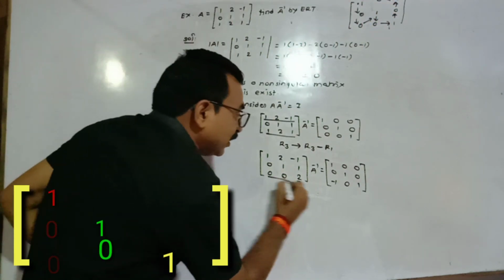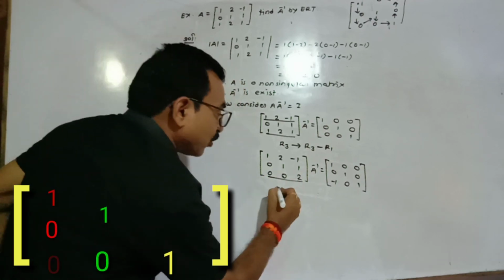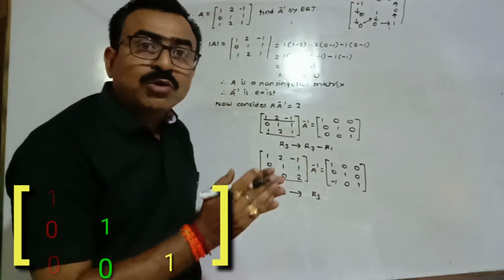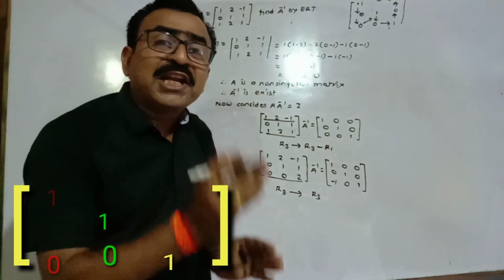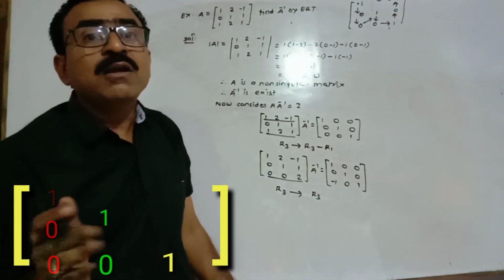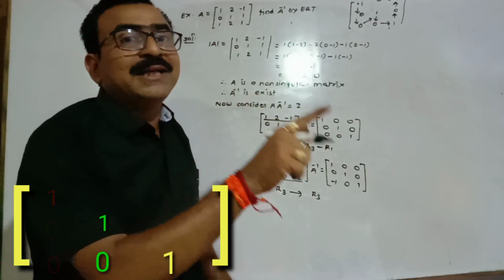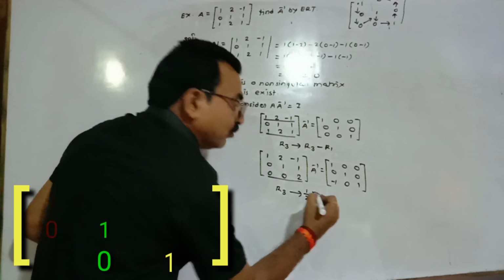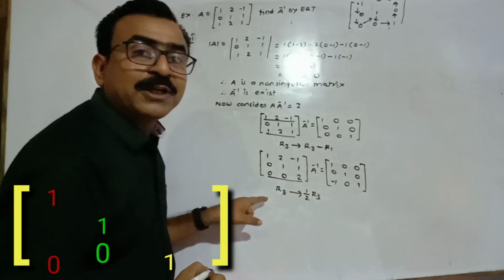Okay, these elements are present in the third row, so write down row 3 changes, row 3. And you also know that while converting any element into 1, multiply that number by its reciprocal. Okay, so the reciprocal of 2 is 1 by 2. Now perform this operation on row 3.